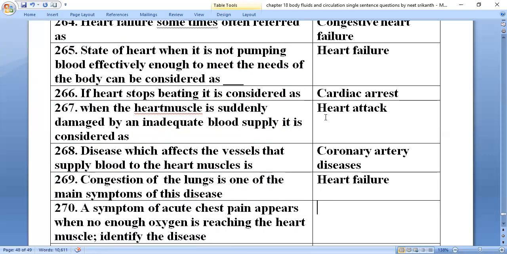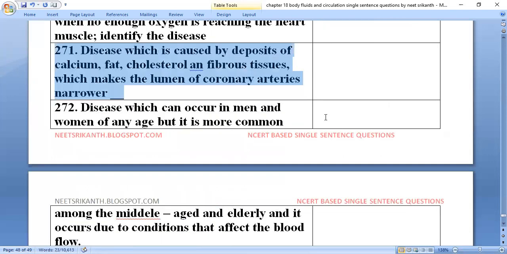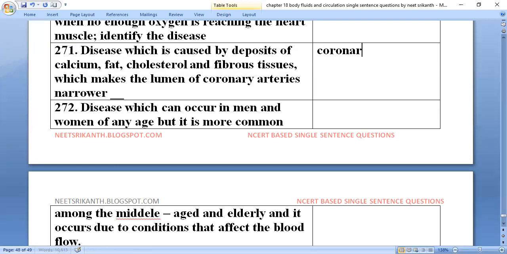Identify the disease: angina pectoris. The disease caused by deposits of fat, calcium, cholesterol, and fibrous tissue, which make the lumen of coronary arteries narrower, is coronary artery disease.